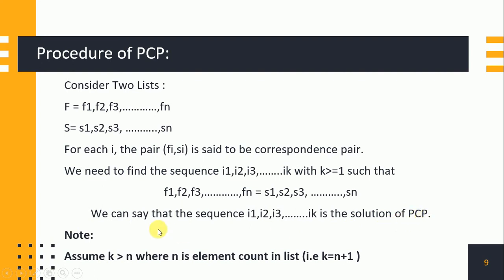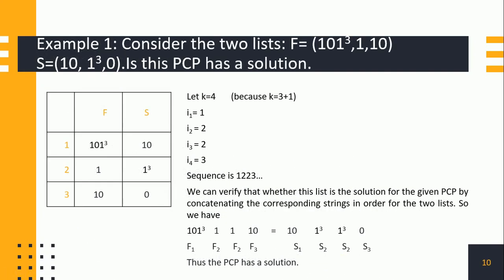Note that you have to suppose the value of k greater than n, where n is the element count in the list. That is, k is equal to n plus 1. So let's take an example. In this example we have two lists in the form of F and S. First of all, you need to put all the elements of F and S in the form of a table, right?